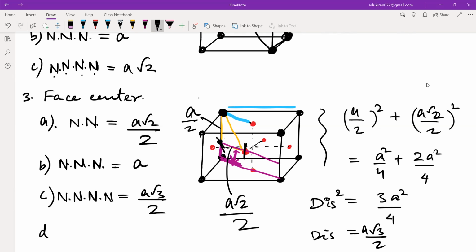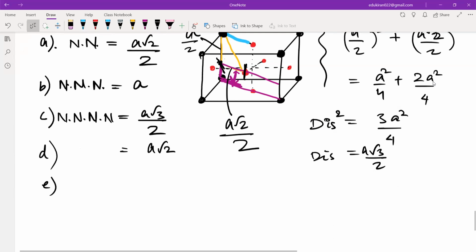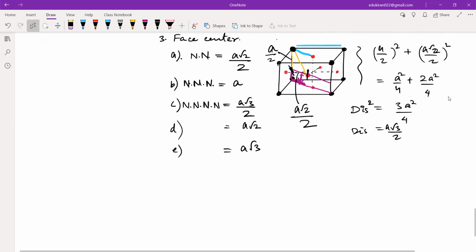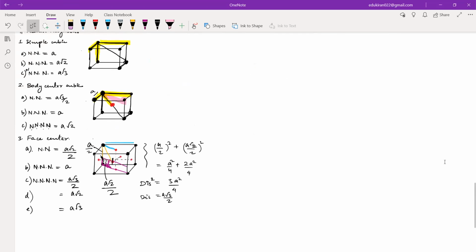Then if you want to calculate the D, this is the first nearest, this is the second nearest, third nearest, fourth nearest neighbor. It will be a root 2, and the fifth nearest neighbor, it will be a root 3. That is the body diagonal; this is the face diagonal. Okay. So you can write this information. Actually, this concept of nearest neighbor is sometimes used.